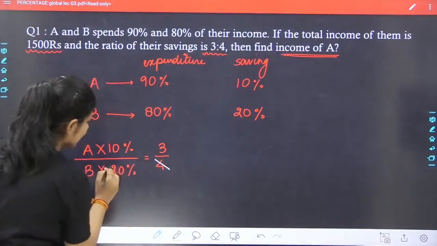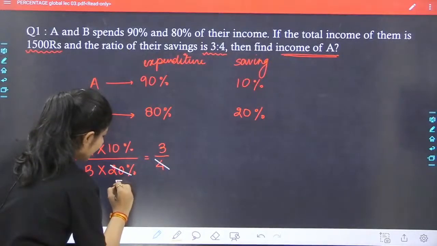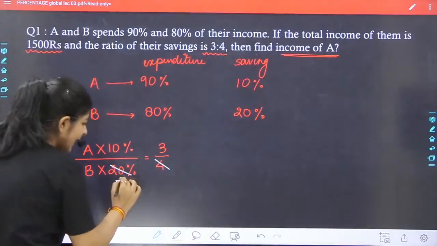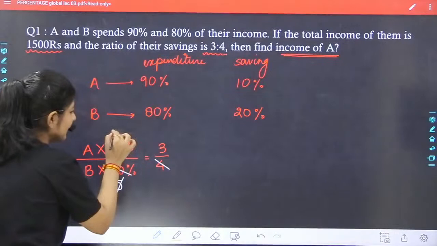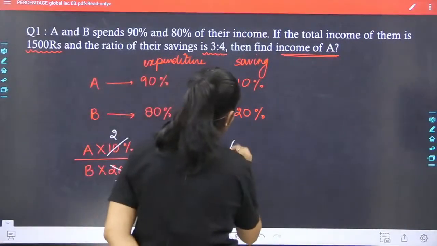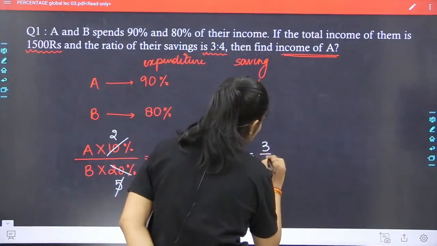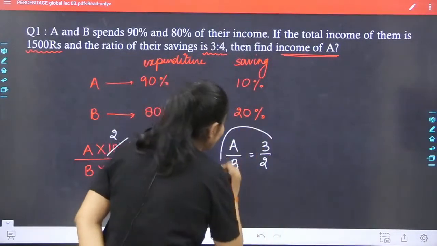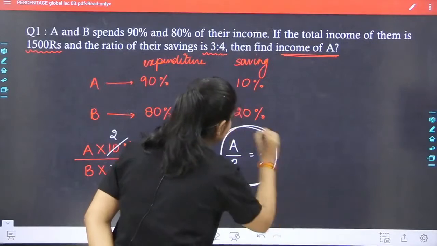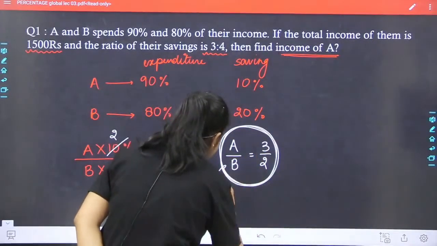We can solve this. We simply eliminate this term by 4 and we get 5 over here, and we eliminate this term by 2 and we get the ratio of A by B as 3:2. This is the ratio of their income.